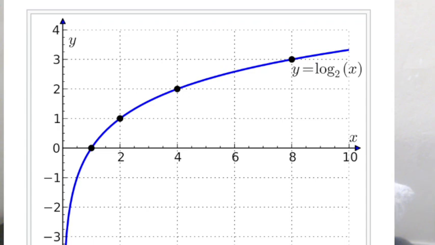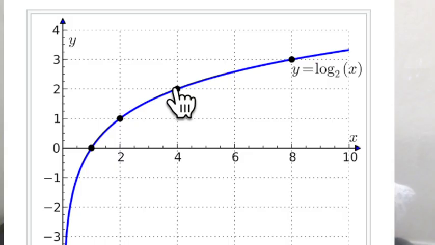So I'm going to use my pointer now. And there's our handy-dandy pointer. That is the position 8, 3, which is 2 to the third power. This position is 4, 2.